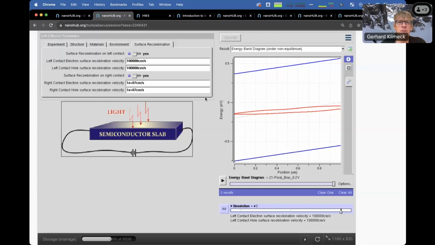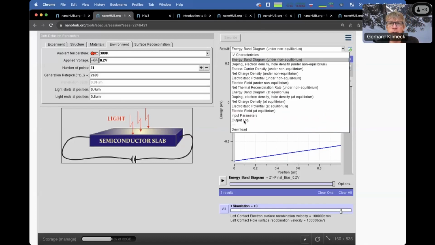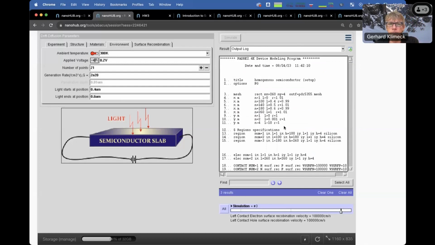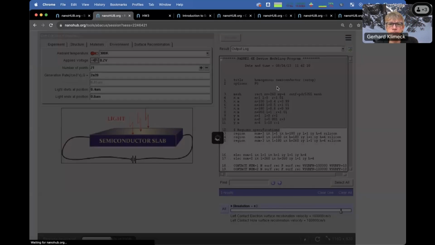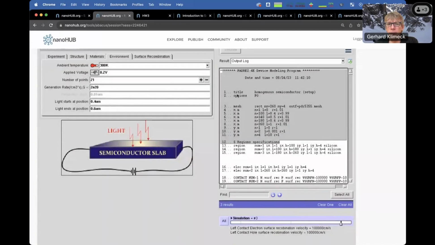I saw the question on the temperature gradient. Not in this tool, but as I said, you can go in here, pre-configure what you want, and then copy this stuff and download it into text onto your machine, and then you could upload it without these things.